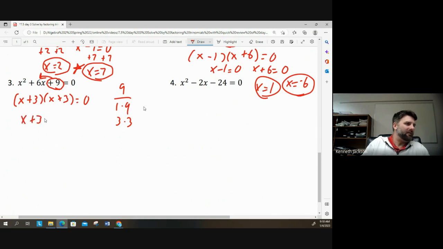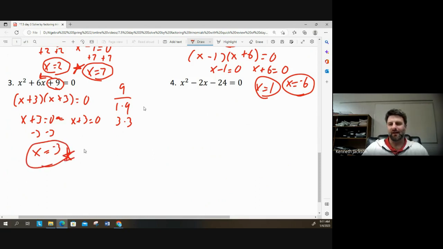Now, if both of the parentheses are the exact same, you don't necessarily have to do the same problem twice because you're going to get the same answer. It's just a little redundant, so you would only have to write the answer one time. X equals -3. Again, you could do it over here as well. You're going to get the same answer. You don't need to write it twice. Just once would be fine.